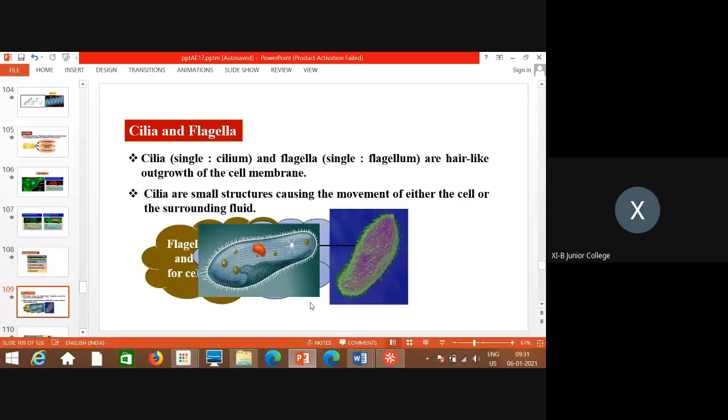In this picture, you can see paramecium with small hair-like structures surrounding the entire body. These are called cilia. The movement of the cells is in coordination with each other. That is the role of cilia. They are small.